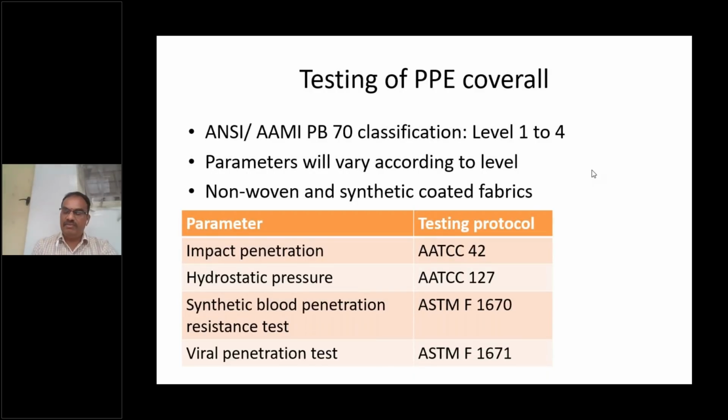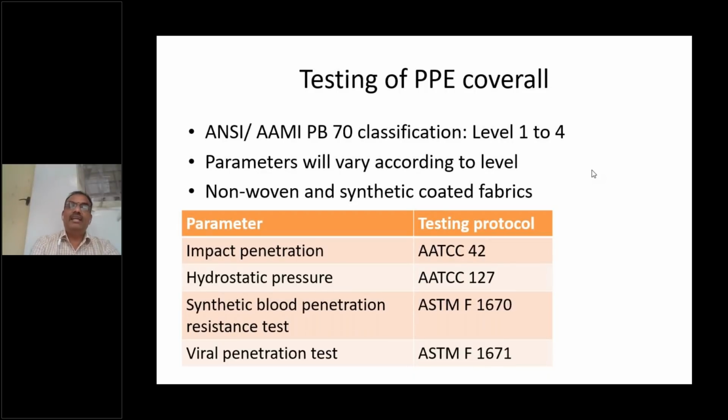When you keep applying water pressure on the fabric at a particular orifice, the fabric would slightly puncture somewhere and a water droplet would come out. Like that, they identify up to 3 places. If 3 water droplets come out, the test is completed. At that time, they note the pressure. That is called the hydrostatic pressure, AATCC 127 measurement.